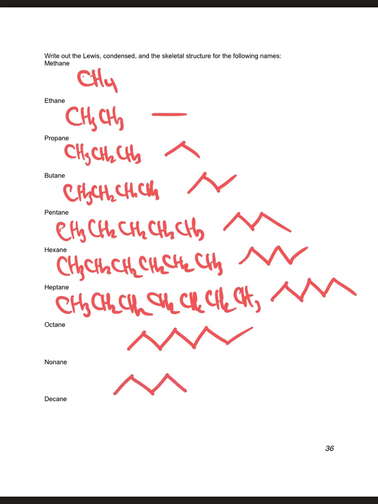Nonane has 9. And decane has 10 in it. So those are the different hydrocarbons. You need to know what each of these are for 1 to 10 carbons so that you can name things as we're going along.